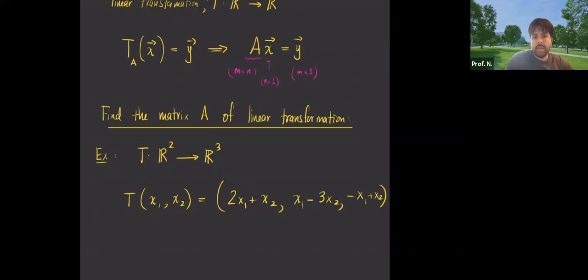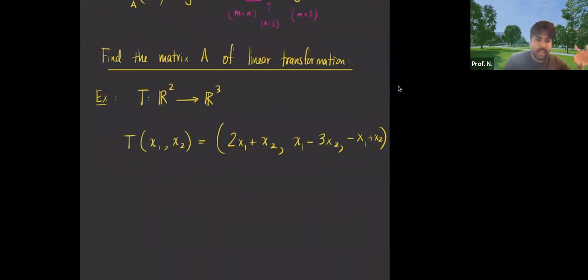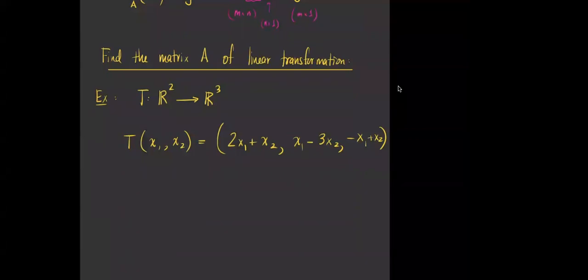So I have this transformation here. Does anybody remember how we are able to figure out the matrix associated with this linear transformation? What were the simple two steps that we needed to do? Was it that you had to plug in E1 and E2?